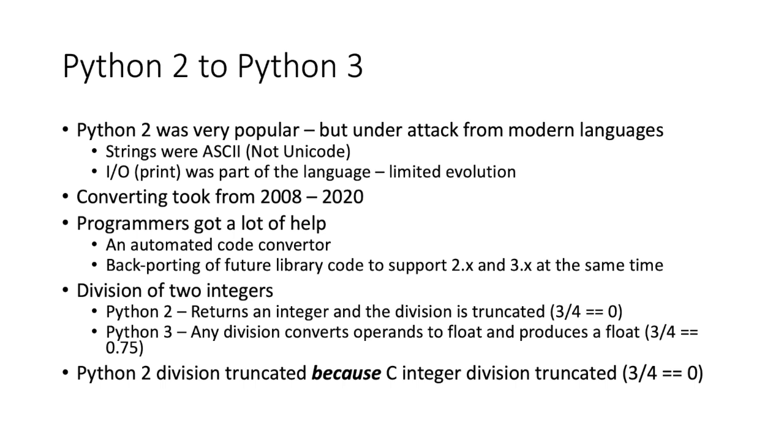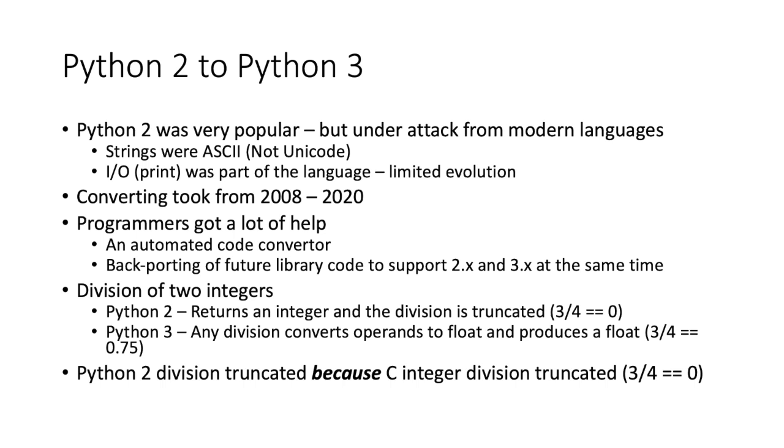The Python 2 division truncated because it didn't seem like it mattered much back in the 80s, and C integer division truncated. So 3/4 in C was 0, and integer 3/4 was 0 in C, and so it was in Python. And 20 plus years later, that was the one thing we couldn't auto-convert. And Python 3 does it the way Python does.